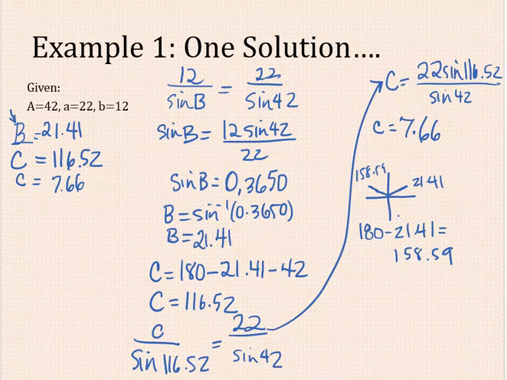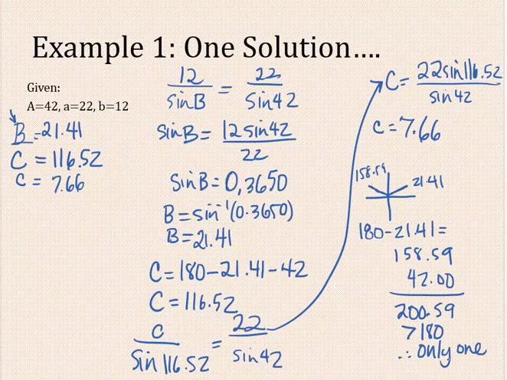Now, I need to take that angle, because this angle could be another solution, and add it to the given angle, which was 42. When I do that, I get 200.59. Well, that is greater than 180, therefore, there's only one solution.